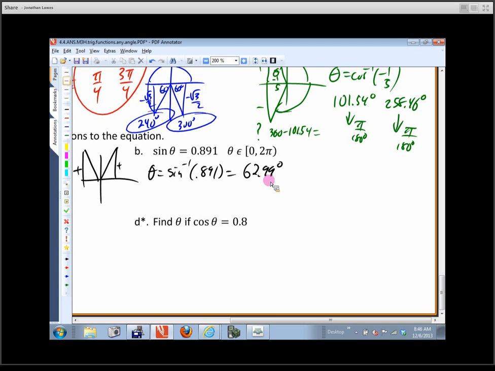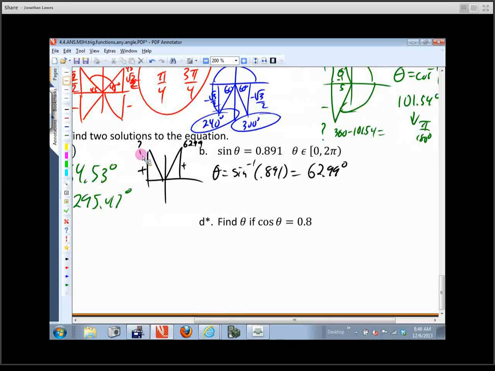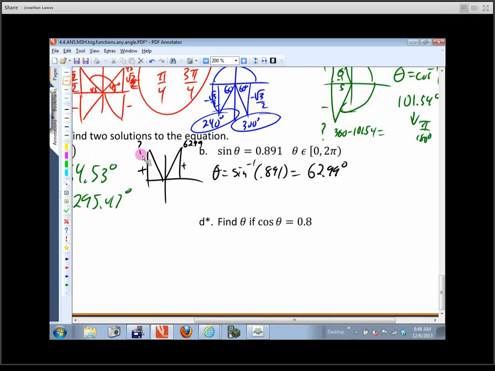How many of you are punching the buttons to confirm that? Because you're going to have to do that on your own. Okay? So that's right. If this angle right here is 62.99, that's the size of our reference angle right here. So how do I figure out what that one is? I'm not going halfway around the circle, 180 degrees.